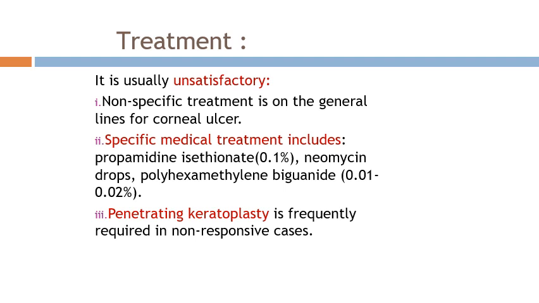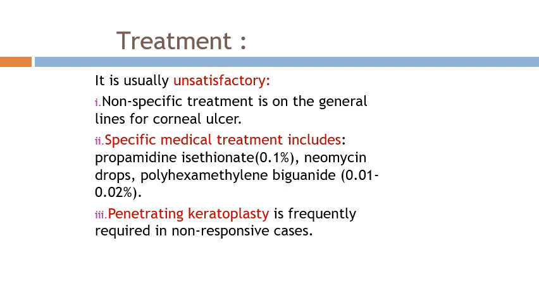One more specific stain is calcofluor white stain. With the fluorescent microscope you can see apple green colored acanthamoeba cysts, and you can culture this material on non-nutrient agar which is E. coli enriched, in which you can see the cysts growing within 48 hours.